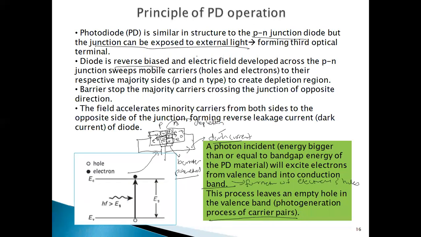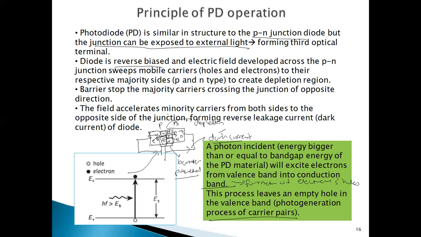Starting from the understanding of the p-n junction, the reverse bias of the photodiode, and the formation of the depletion region, by right we're going to have a thicker depletion region in the reverse bias condition of your photodiode.